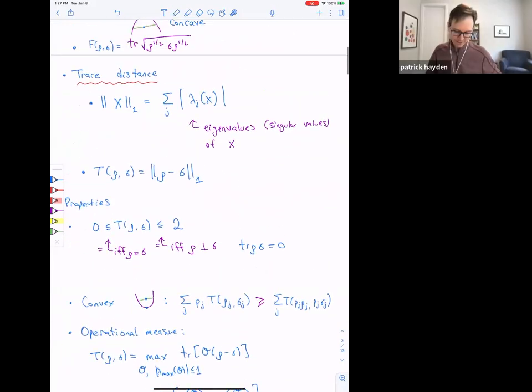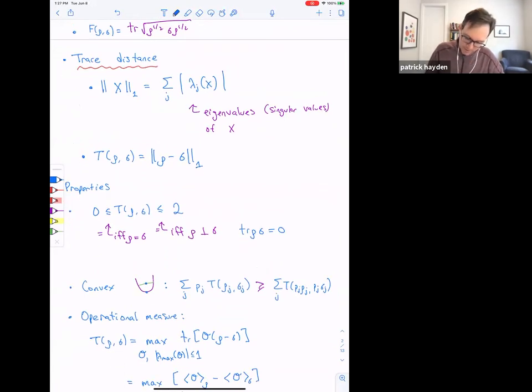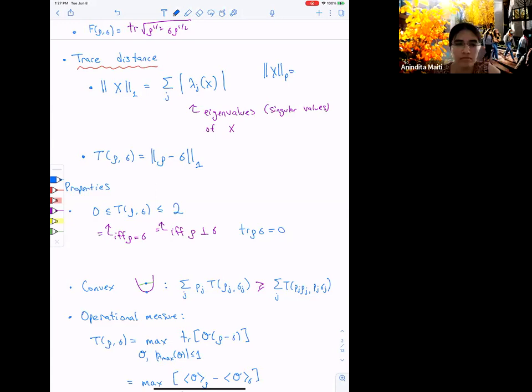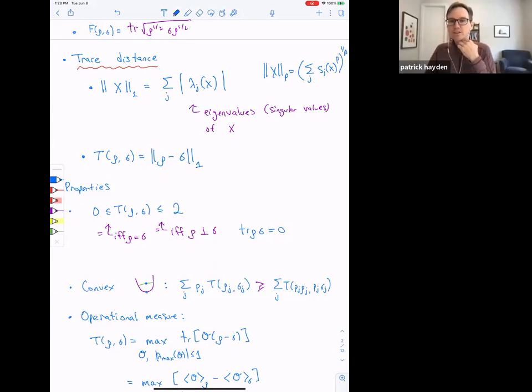So I could just say that in general, if you take the singular values of x and evaluate their LP norm, then that gives you the Schatten LP norm.